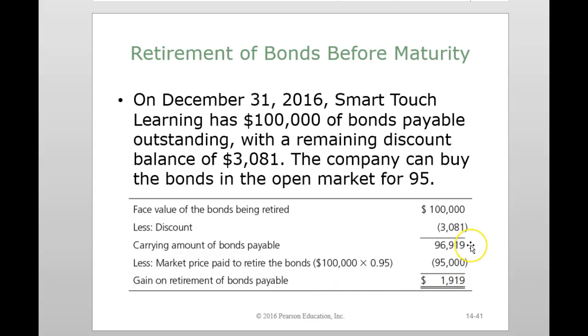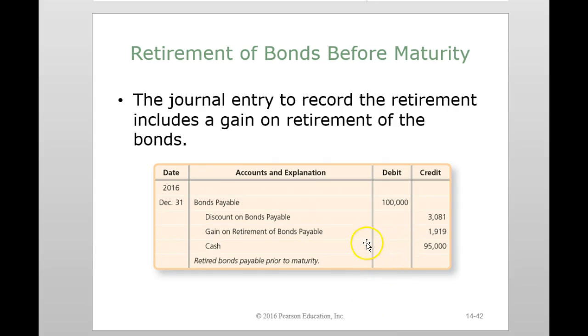If it went to maturity, I'd have to pay off the full $100,000 or whatever was the discount deducted. I'm getting off $1,919 to the better. So I have a gain on my retirement of the bond, which you will show. You will show those, a gain or a loss. And it would be recorded like this if you were doing recordings, but this is how it's figured.